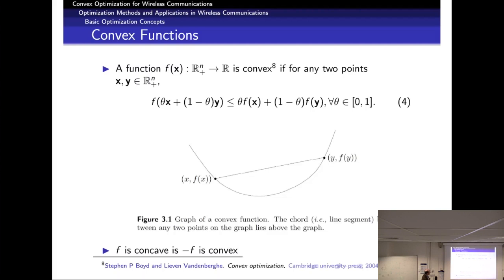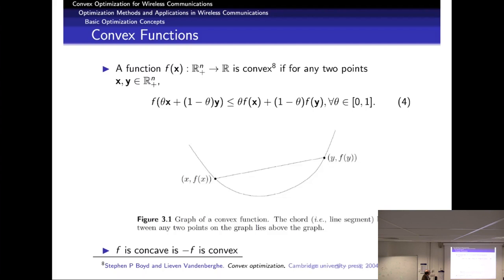Convex function. So what is a convex function? And I gave you already a flavor of this at the beginning. But imagine you have an n-dimensional vector here, and you have a function of this n-dimensional vector. And we say that this function is convex if you take any of those possible values of the argument of this function, and you're looking at the line segment between any of those 2 points.